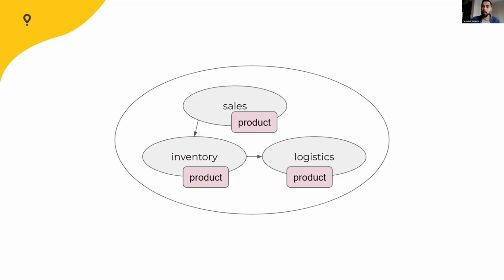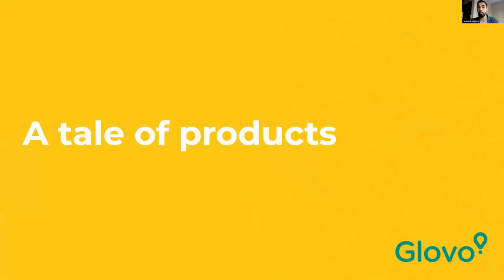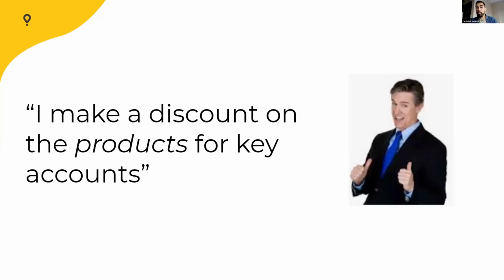For example, in an e-commerce product, you can talk with sales, you can talk with inventory, logistics, and all of them will mention the product. What is a product? It really depends on the person we are talking to. For the salesman, the product is about making discounts, selling to key accounts, and so on.